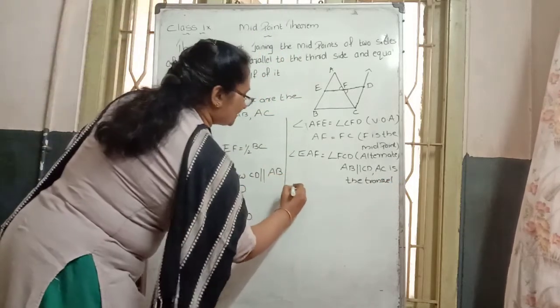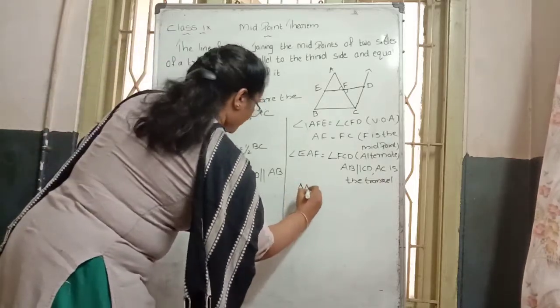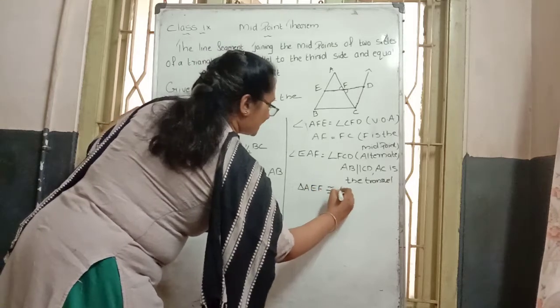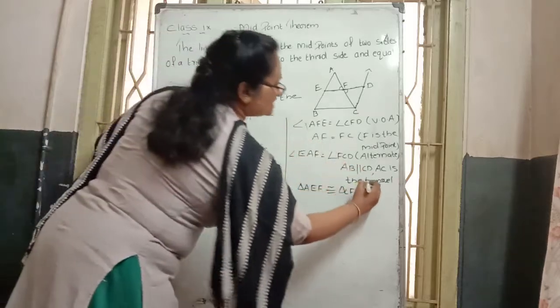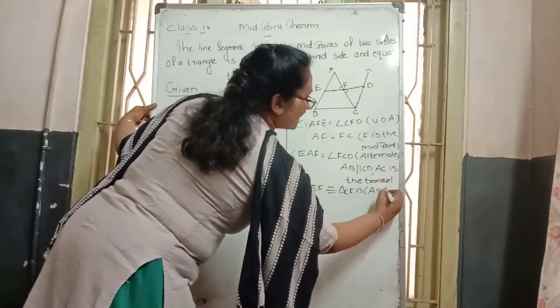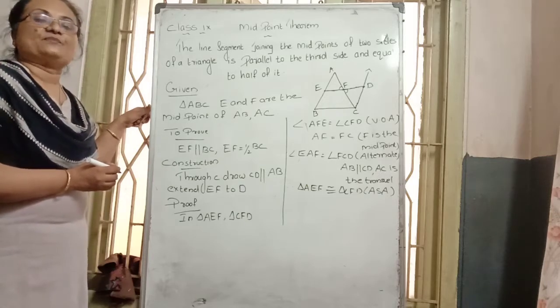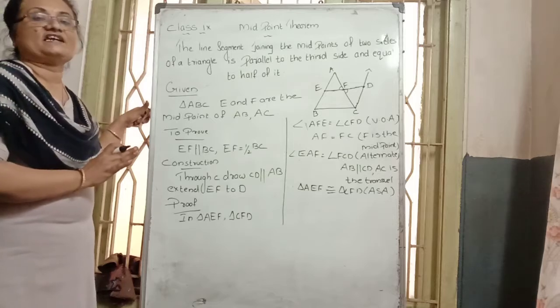Therefore, triangle AEF is congruent to triangle CFD by the ASA property: two angles and one side. So we proved the two triangles are congruent.